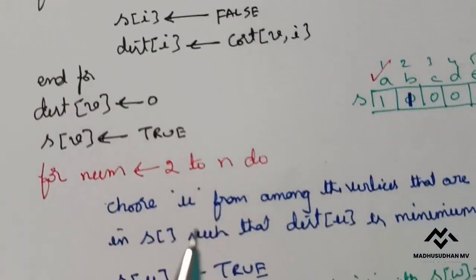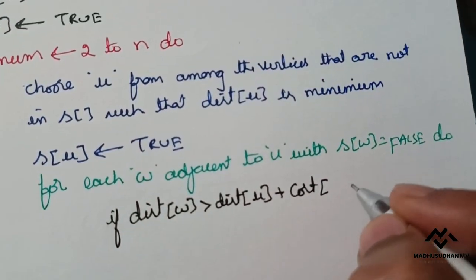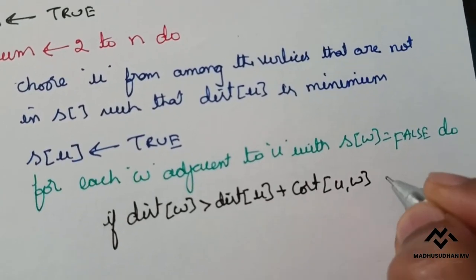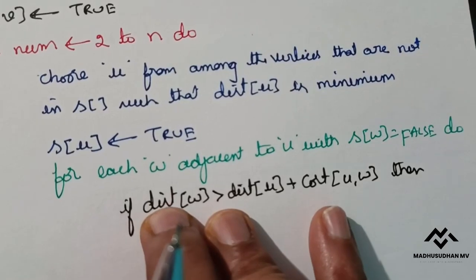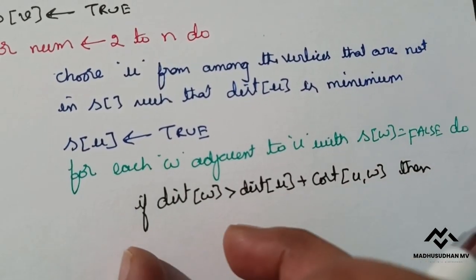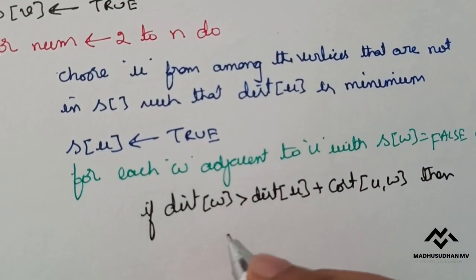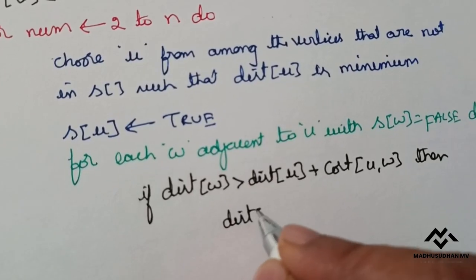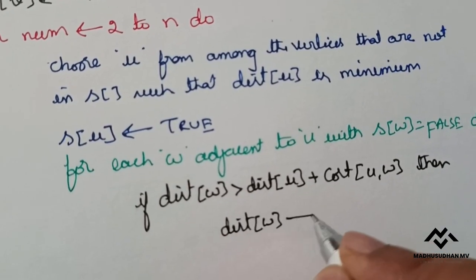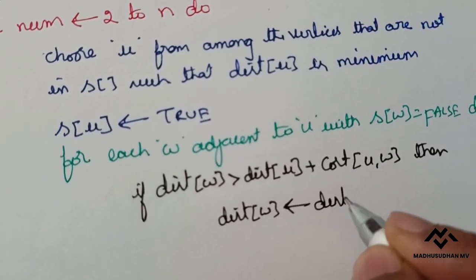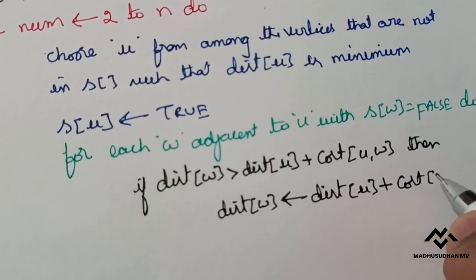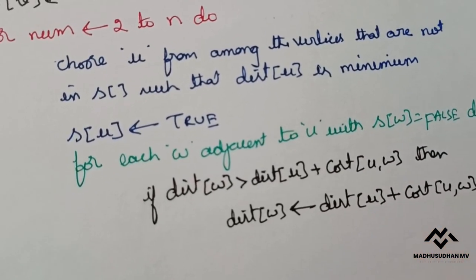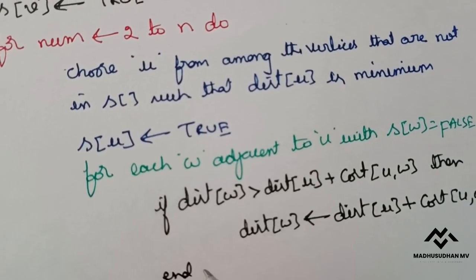Okay, that we have to write. Cost of what? U comma W. Then what? That means if the previous value is greater than the new value, only then have I taken it as the shortest distance. So if this is true, distance of W is equal to distance of U plus cost of U comma W. That's it, the algorithm.